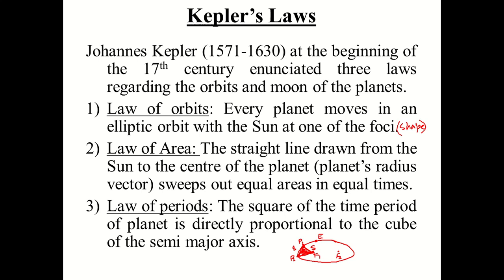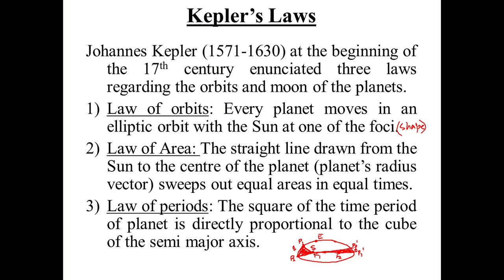Now suppose at a later time the planet is at this position, let's say P1 prime, and after a time t it reaches the position P2 prime. Then this line represents the radius vector SP1 and this one represents SP2, and this shaded region is the area swept out by the planet in the time interval t.